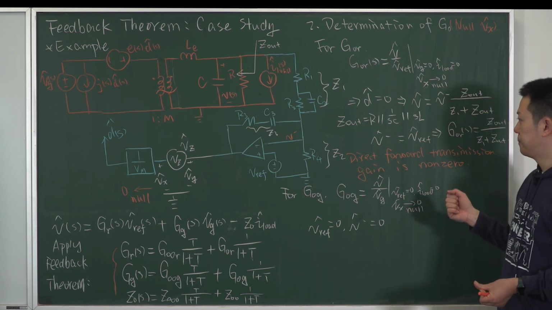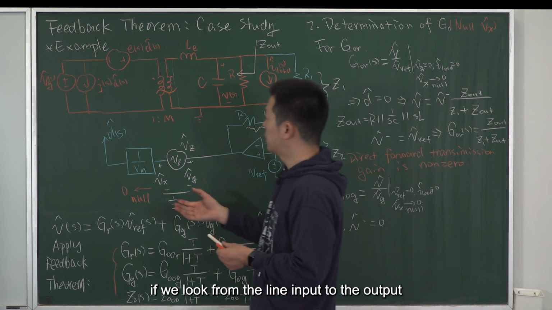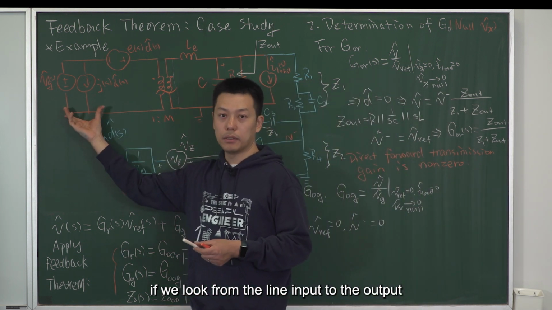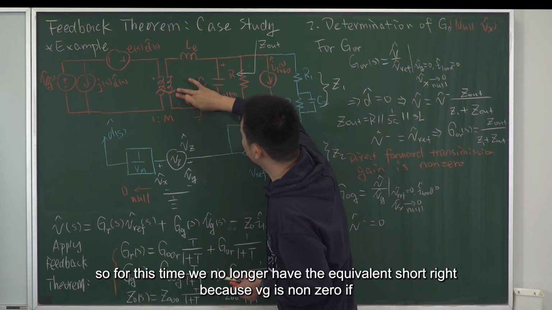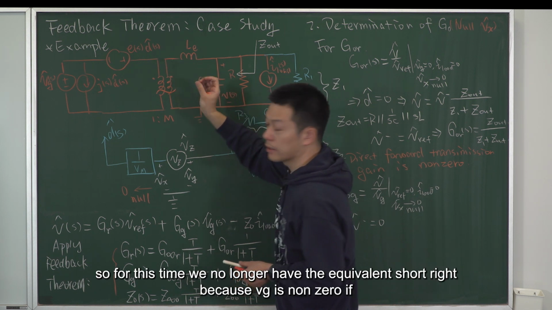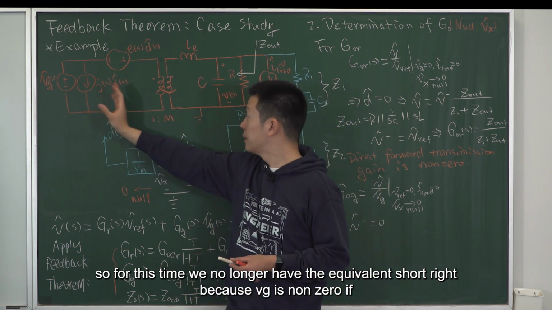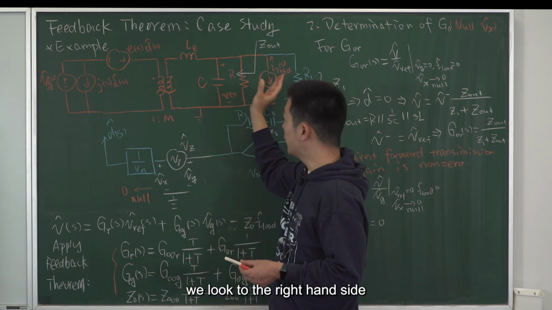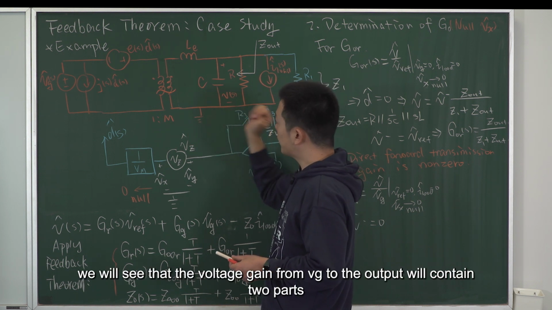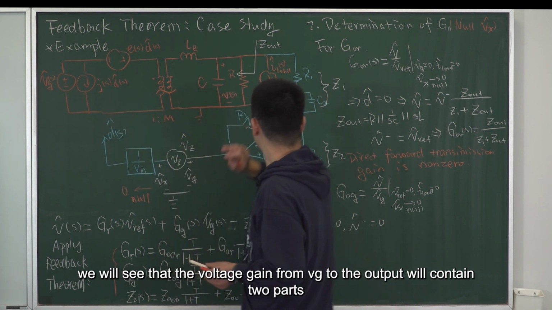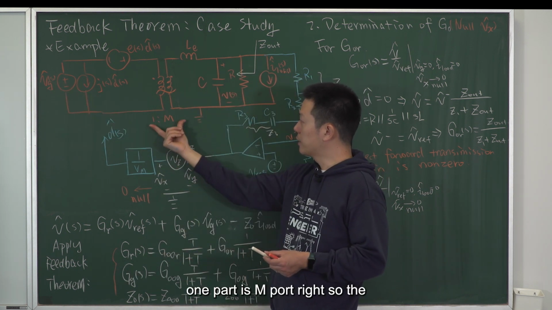So if we look from the line input to the output, for this time we no longer have the equivalent short, because Vg is non-zero. If we look to the right-hand side, we will see that the voltage gain from Vg to the output will contain two parts.